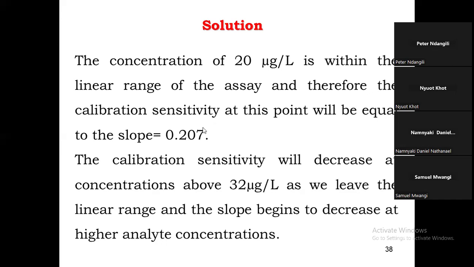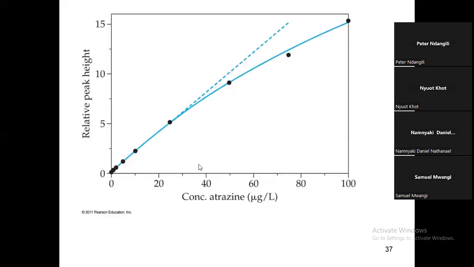Okay? Then when you analyze, the sensitivity will decrease at concentrations above 32 microgram per liter, because from around 32, you realize that we are deviating from the curve. The linear extrapolation is deviating from the curve.